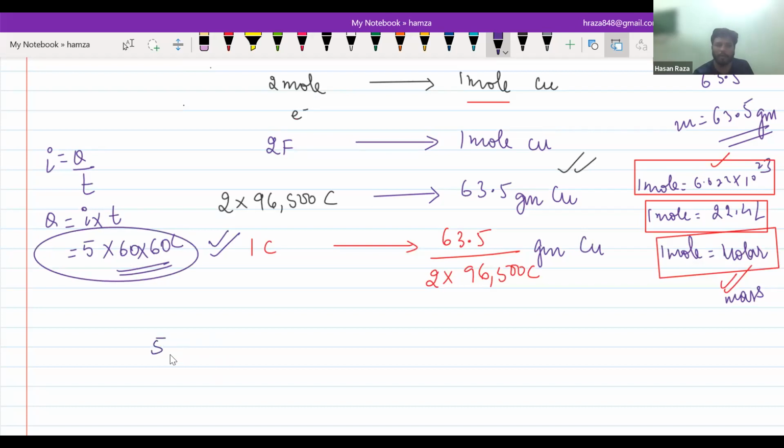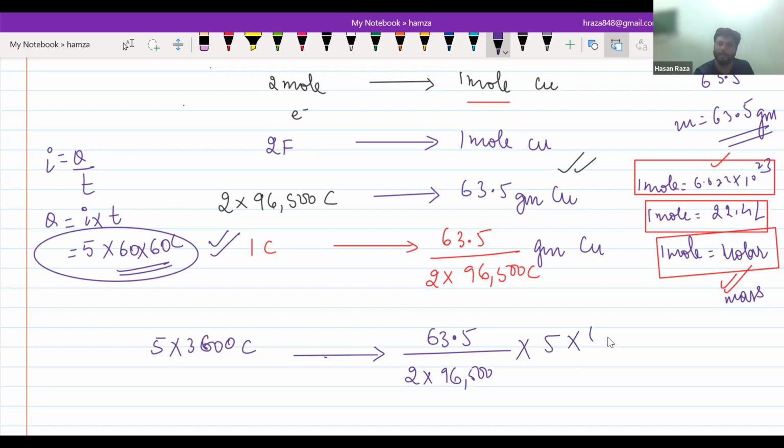So we need to do 63.5 upon 2 into 96,500 into 5 into 3600, that is 60 into 60. Same equation came, then the value will be 5.9 gram. So it's very easy.